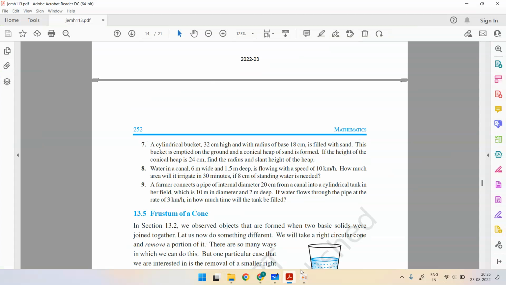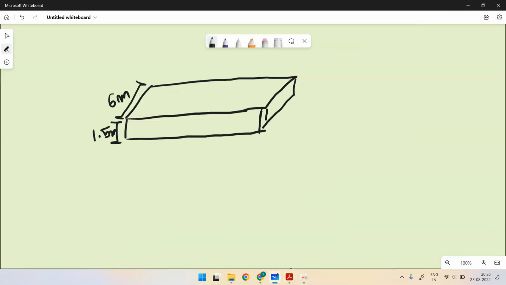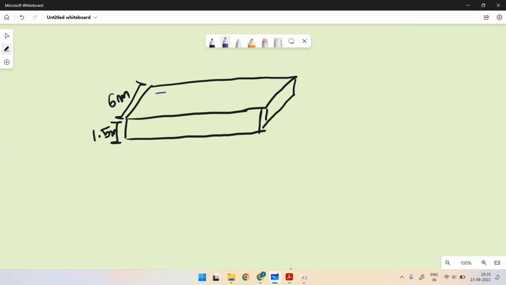Flowing at a rate of this, how much will it irrigate in 30 minutes? See, here your length is not known. You only know this is flowing at a rate of 10 kmph, kilometer per hour.